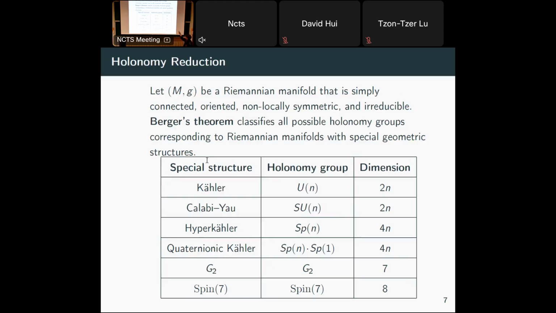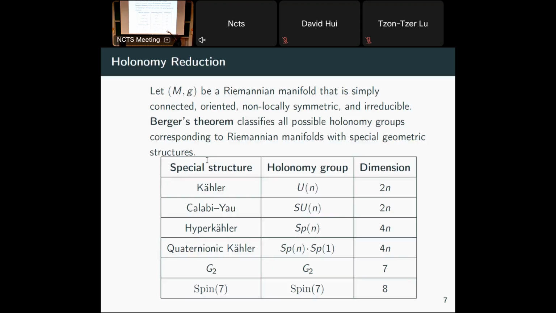If your manifold is a Kähler manifold, then your holonomy group will be U(n). If it's Calabi-Yau, your holonomy group will be SU(n); hyperkähler, Sp(n); quaternionic Kähler, Sp(n)·Sp(1), where dot means cross mod Z2; and then there are the holonomy groups G2 and Spin(7). So that's the notion of holonomy reduction.